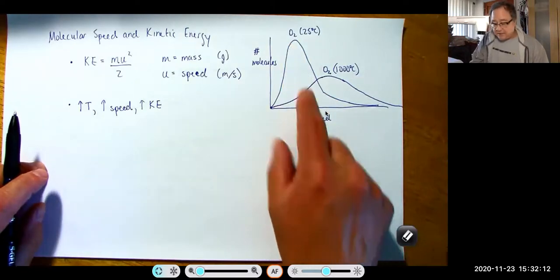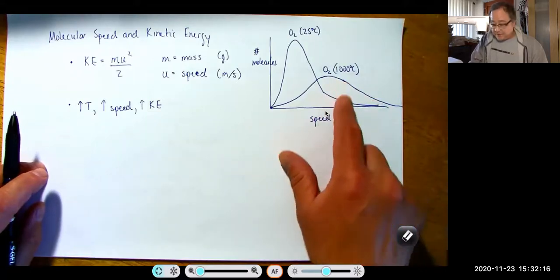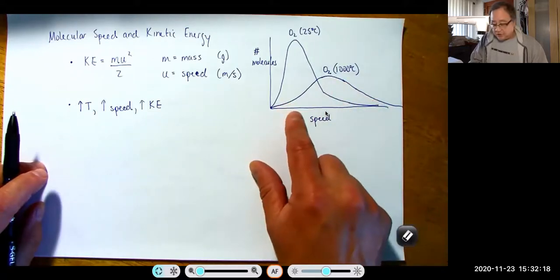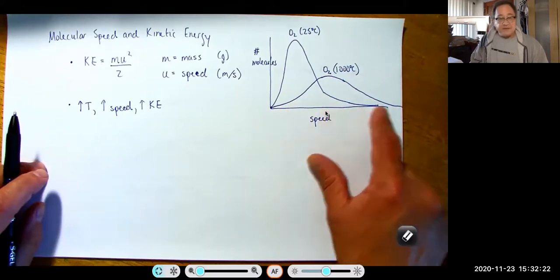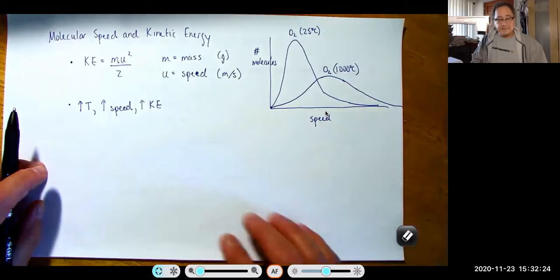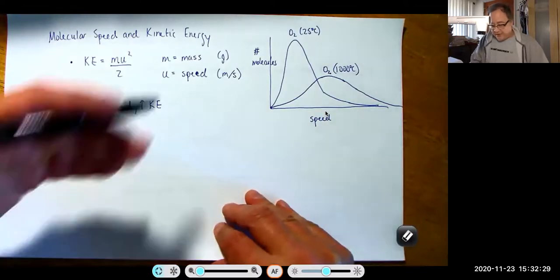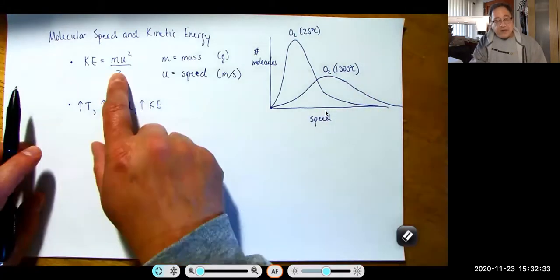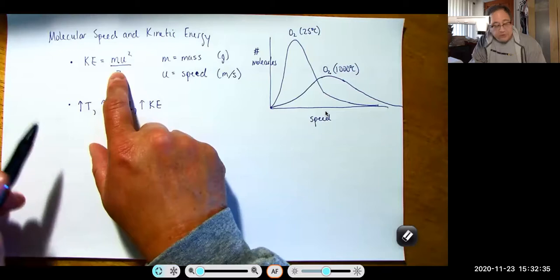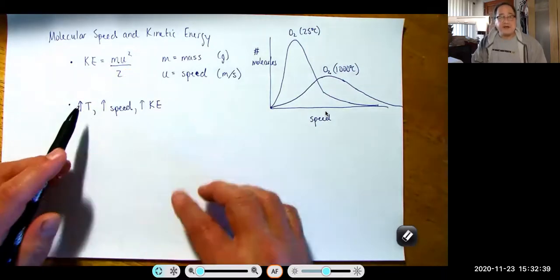But when you heat up the molecules to 1,000 degrees Celsius, there are very few molecules with this low speed, a lot more at this middle speed, if you will, and a few at this even higher speed. So this is what happens when you heat up molecules. When we take a look at this formula here, when you heat up molecules, do you change their mass? No. So what happens is you increase their speed.